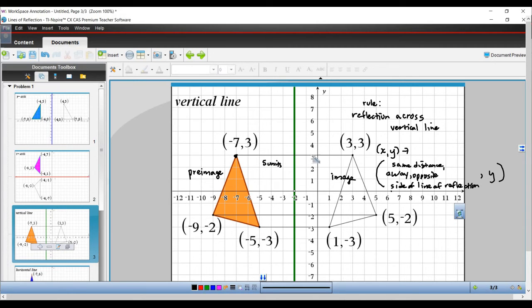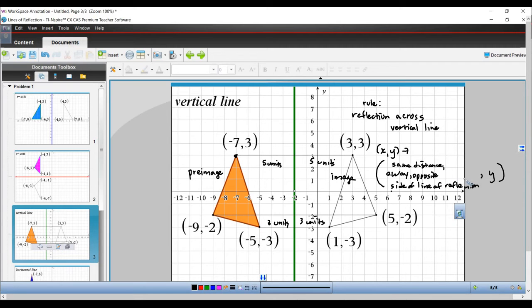And then to get over here, 1, 2, 3, 4, 5 units. The same distance away, right? 1, 2, 3 units. Right here, 1, 2, 3 units away. So the same distance away, but on the opposite side of the line of reflection, and then the y value stays the same.